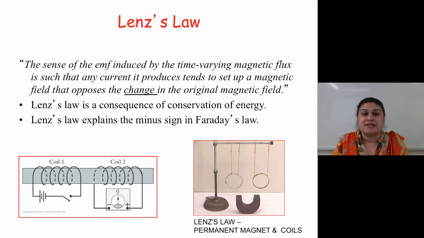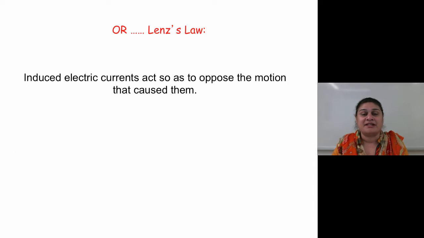So think about it. The EMF that is induced by the time-varying flux is such that any current that is produced is opposite to the change in the original magnetic field. If this was not true, then what we would have is a perpetual machine, a perpetual generator.